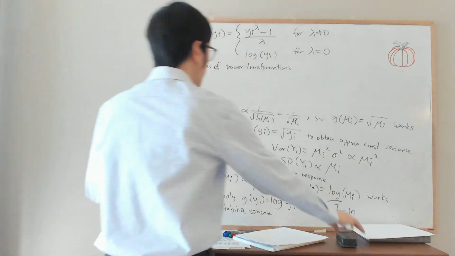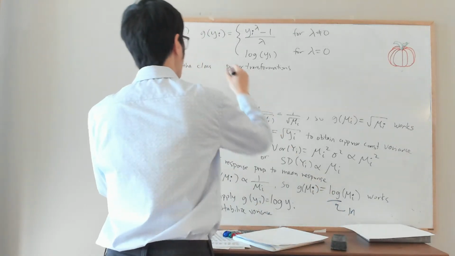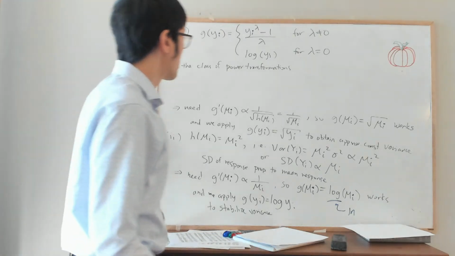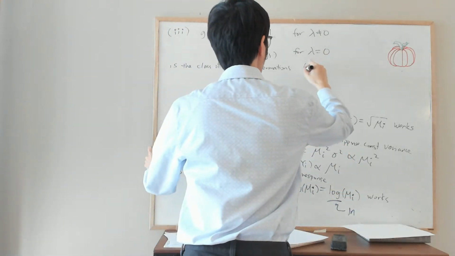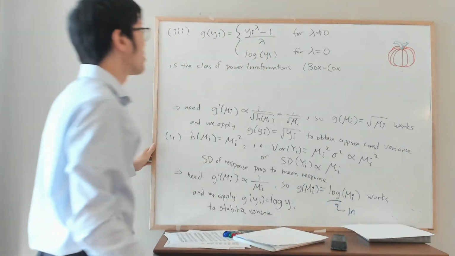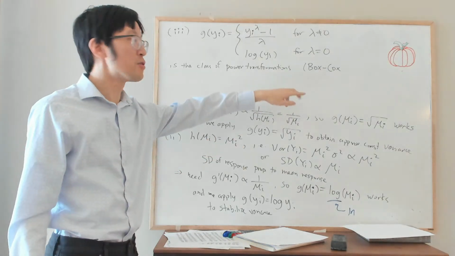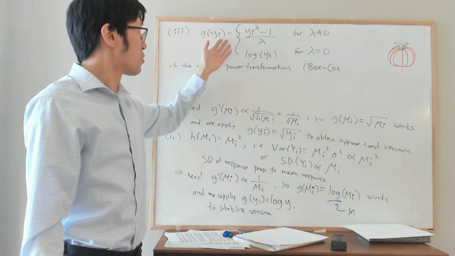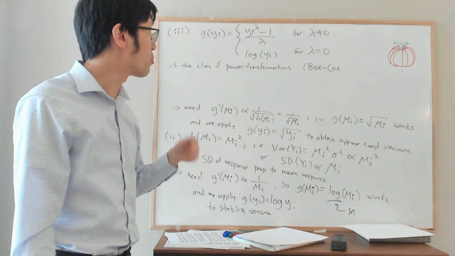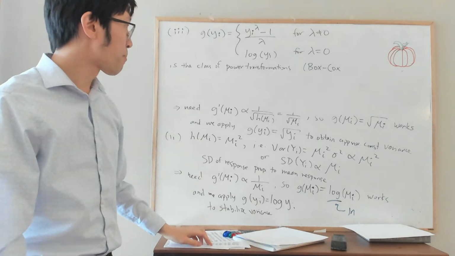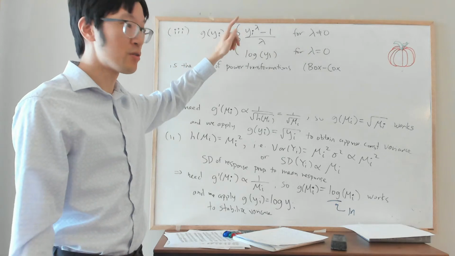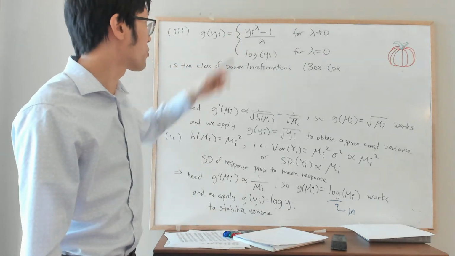In the context of linear models and statistics, Box and Cox, well-known statisticians, suggested this as a way to handle more generally non-constant variance, which can be fixed by applying a power.